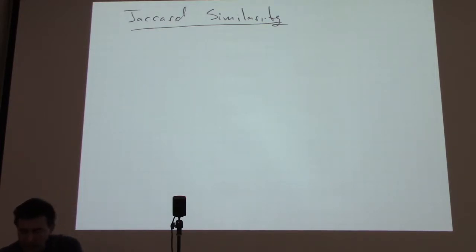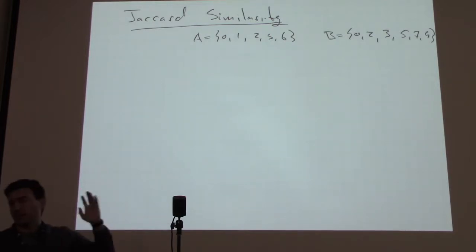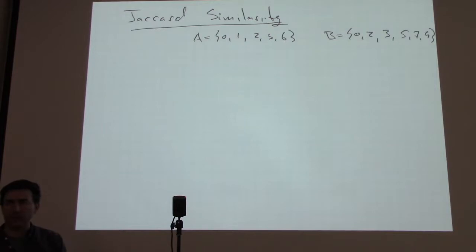Okay, so I'll use a running example where the first set A is 0, 1, 2, 5, 6, and B is going to be 0, 2, 3, 5, 7, 9. I've just given them integer elements for now. We'll make something more tangible in maybe 10 minutes or so.